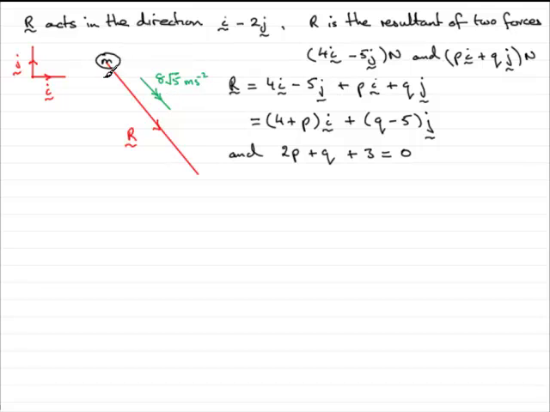So we've got our particle accelerating in this direction with a magnitude of 8√5 meters per second squared. And we're also told that Q equals 1 and asked to find the mass m.